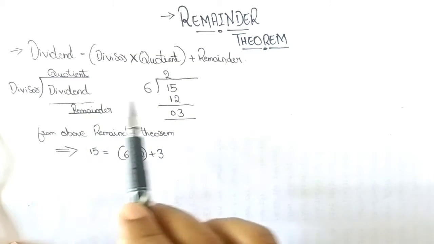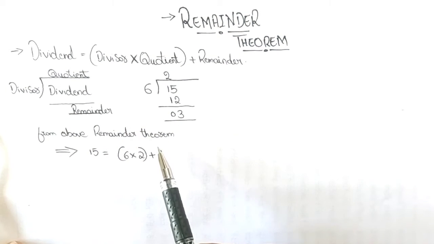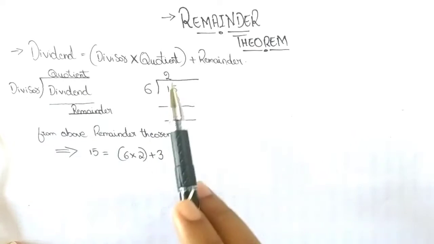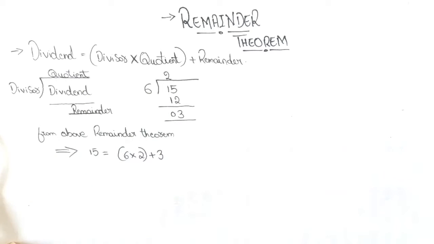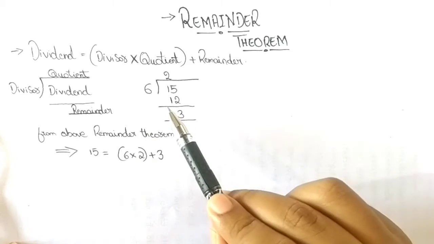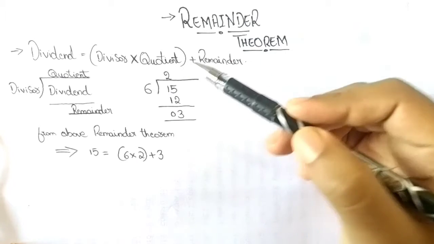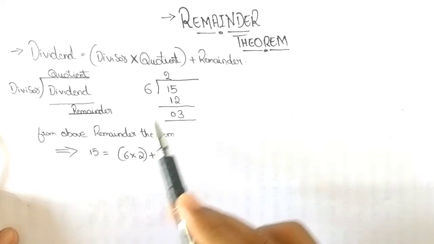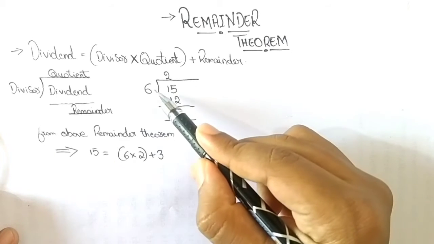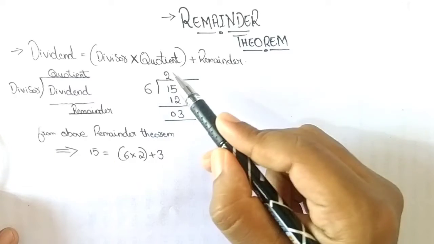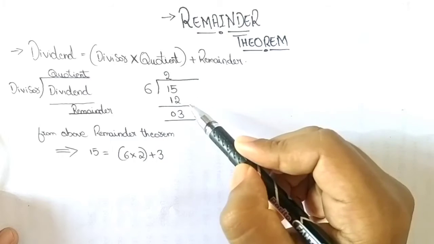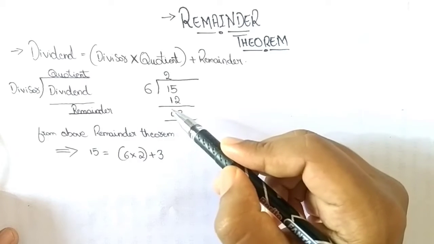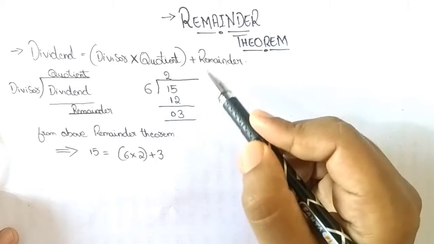And with this, on comparing, you can clearly make out the quotient, divisor, dividend and remainder, and how to substitute these values in this given equation and solve the problems. Here I have taken the divisor as 6 and the quotient as 2, the remainder is 3 from this problem, and the dividend is 15.